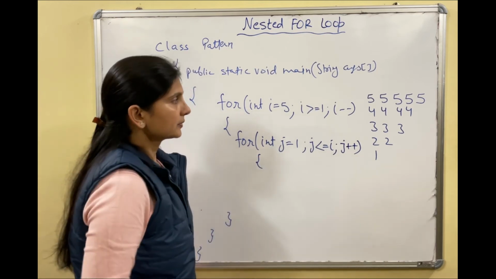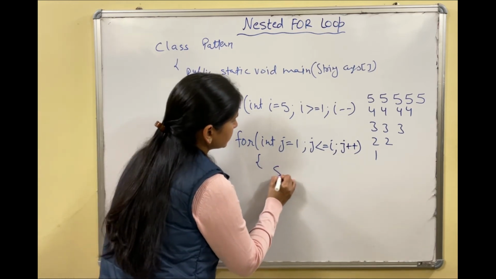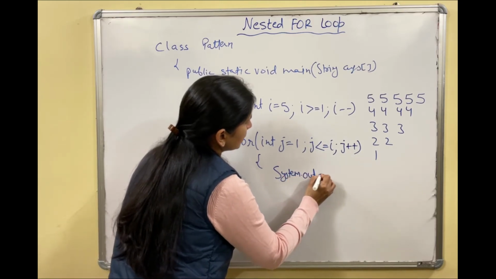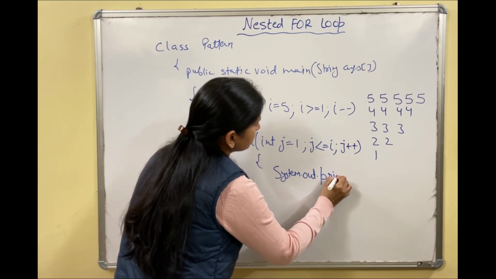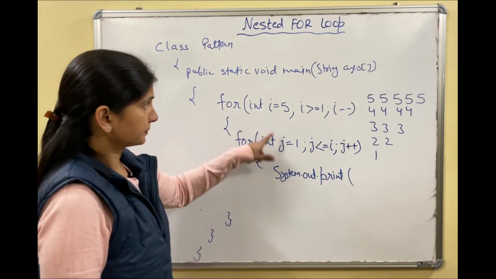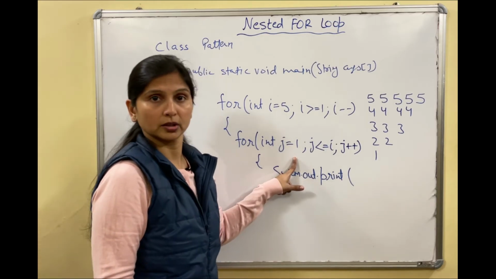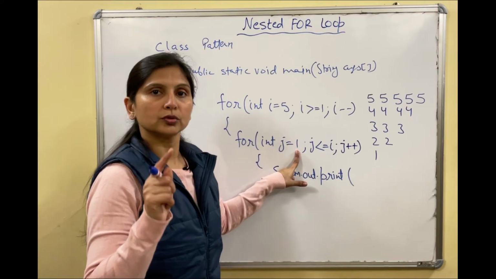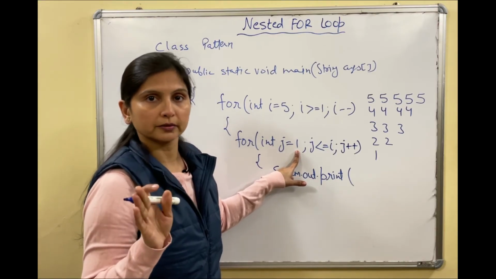Then what we have to display? System.out.print. Okay, what we have to display? J? No. See, when I is 5, j will go 1, 2, 3, 4, 5. We don't want 1, 2, 3, 4, 5.